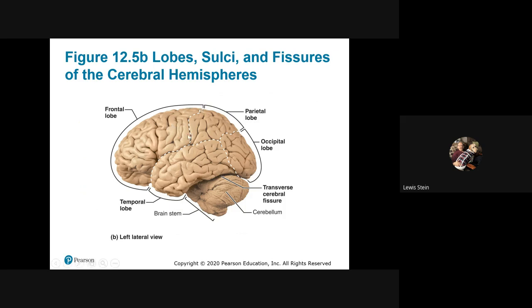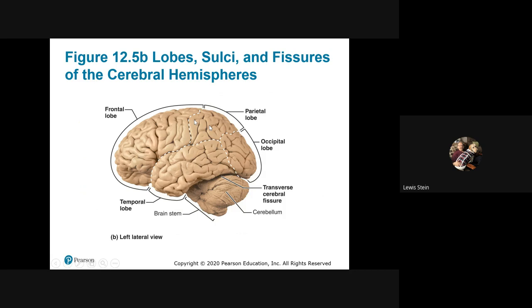So what we have is the frontal lobe and the parietal lobe. This is all motor and reasoning and thinking and calculating and language skills and communication. This is sensory, purely sensory. If a bug got on your arm, you'd feel it here. If you stubbed your toe, you'd feel it here.